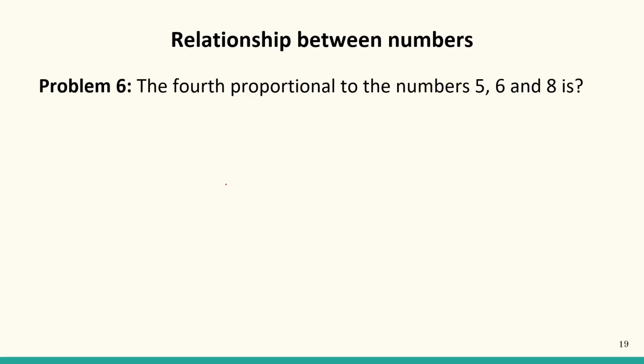So let's discuss problem number 6. What it asks us is that the fourth proportional to the numbers 5, 6 and 8 is, given that 5 by 6 is equal to 8 by x. Given 5 is to 6, what we need to evaluate is what 8 is to.